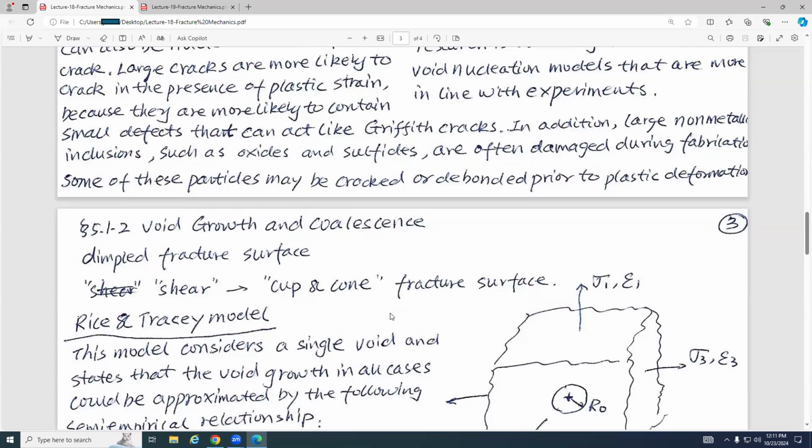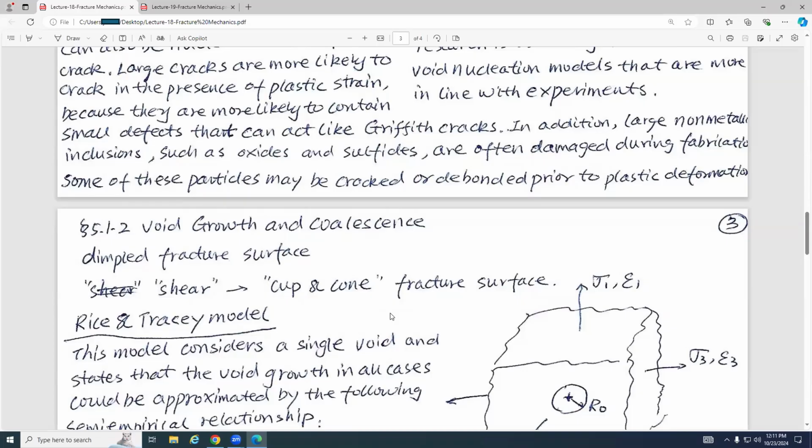Another thing is the midterm. On the midterm, I think a lot of students did things wrong, right? For this kind of crack, this is the edge crack. For the edge crack, this is K. K_I equals 1.12 sigma square root of pi a.